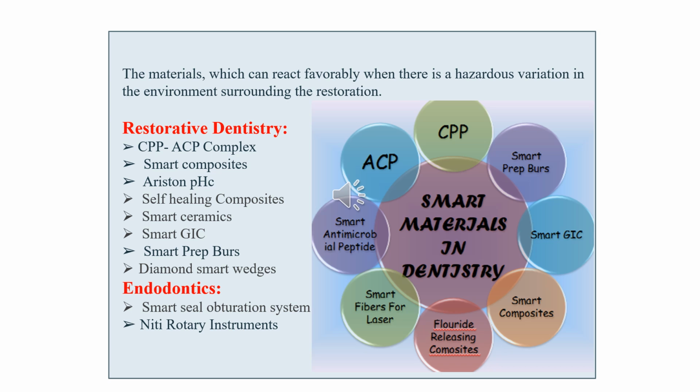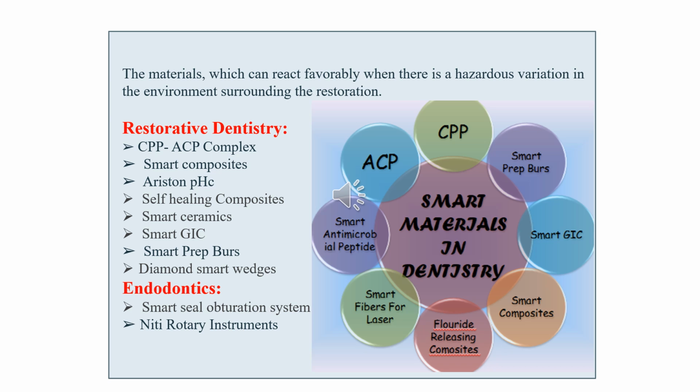Then there are active smart materials. Why are they called active smart materials? Because they can react favorably when there is a hazardous variation in the environment surrounding the restoration. These are different from the passive smart materials we have been using from long before.